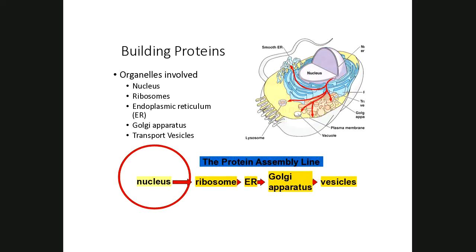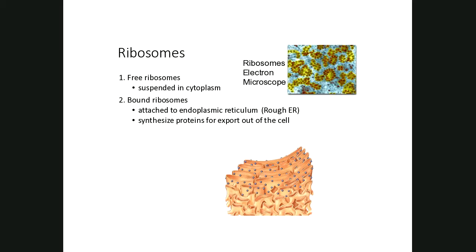If we think about the ribosomes, there are a couple of different places where they are located. We've got free ribosomes, which are suspended in the cytoplasm, and you can see them dotted around here. We also have bound ribosomes, which are attached to the endoplasmic reticulum.